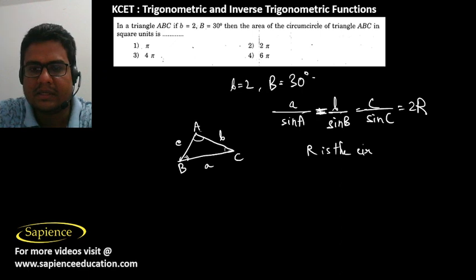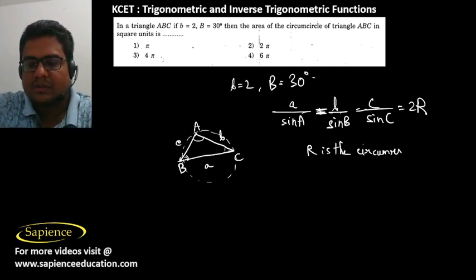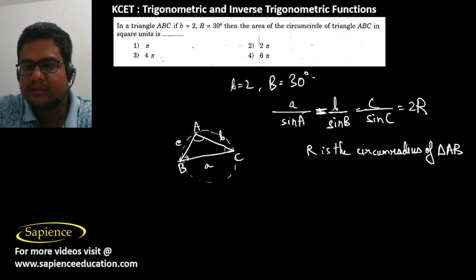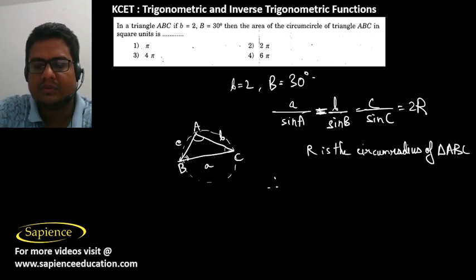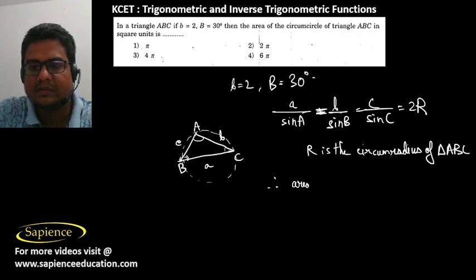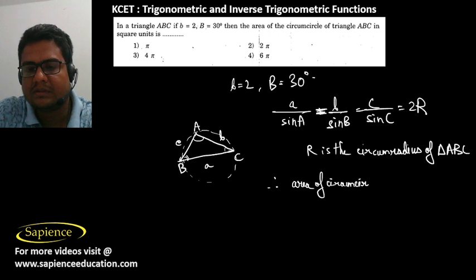It means it is the radius of the circumcircle of this triangle. So it is called the circumradius of triangle ABC. Now therefore the area of the circumcircle will be equal to pi r square.